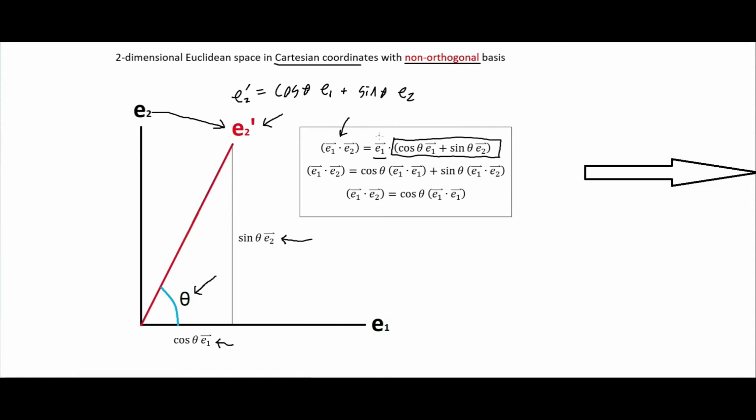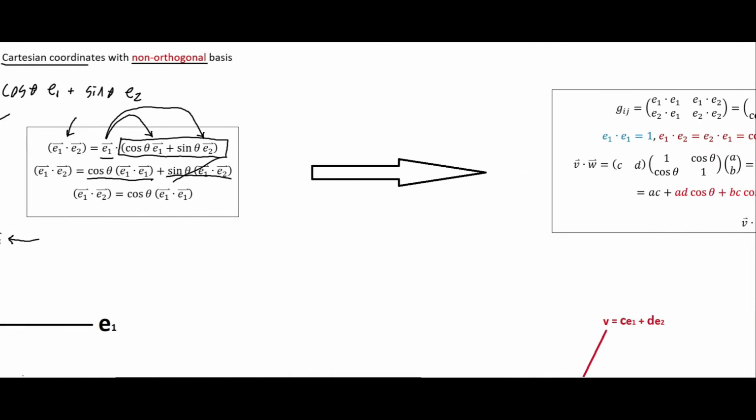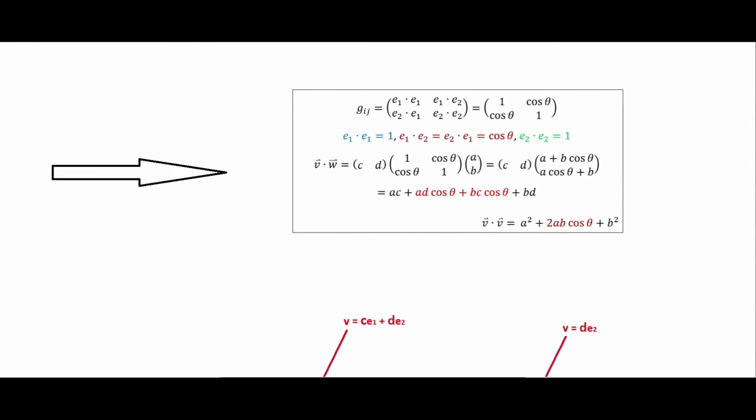So E1 times E1 is just 1, then E1 times E2 is 0, and so we end up with our E1 dot E2 being equal to cosine times 1 plus sine times 0. So that goes away, and we have our E1 dot E2 just being equal to cosine theta of E1 dot E1. And so now we can go over here.